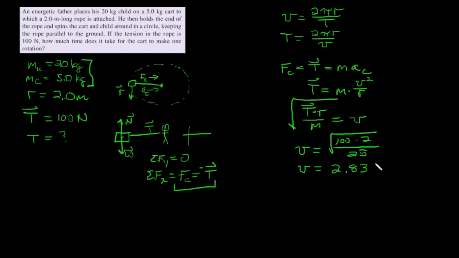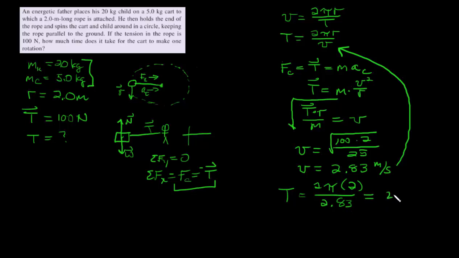I'm using the numbers in the text so that it'll match when you go back and look at it. Now I have the velocity, so we can plug it back in and get our period. The period is 2 pi times the radius, which is 2, divided by 2.83. And we get a period of 4.4 seconds. Okay, so there you go.